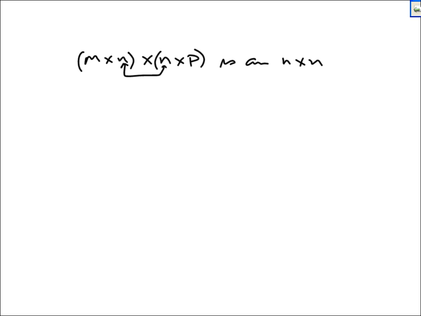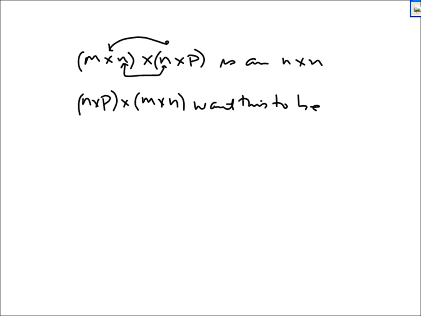I have n by p, and I want to multiply this by m by n. I just switched the order that I'm multiplying. Well, now, we want this to be the same size.